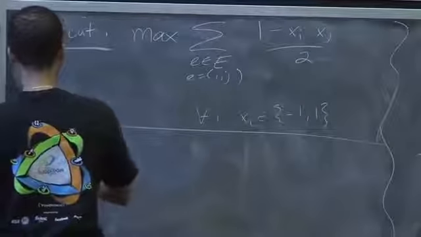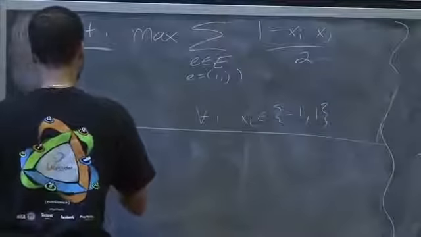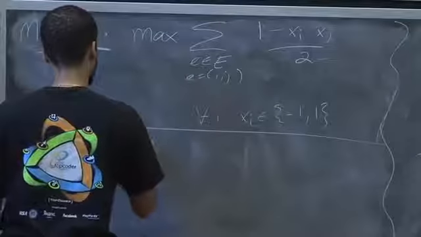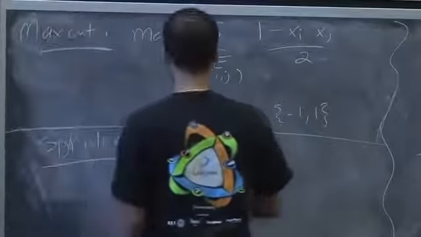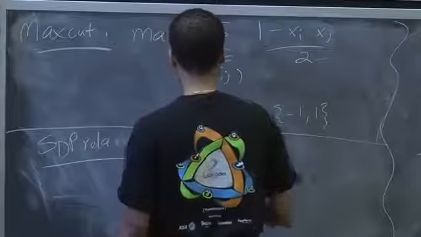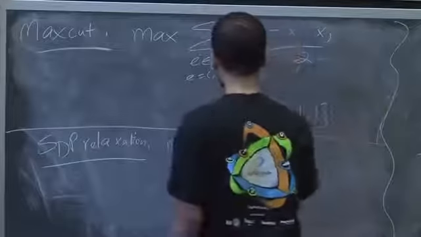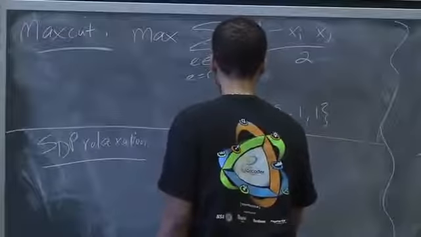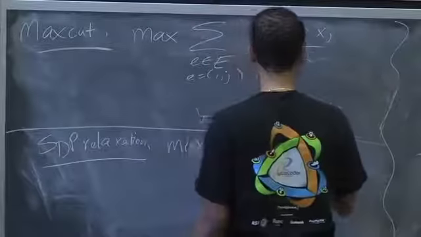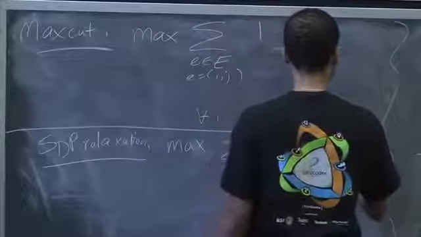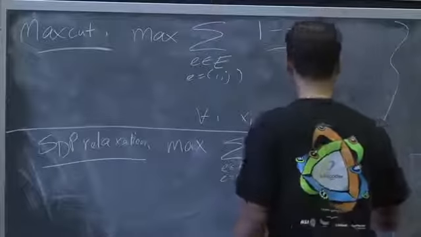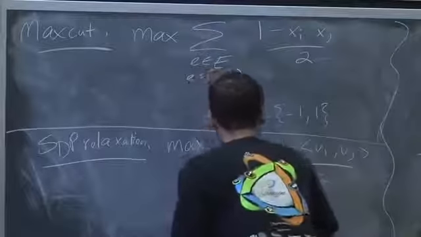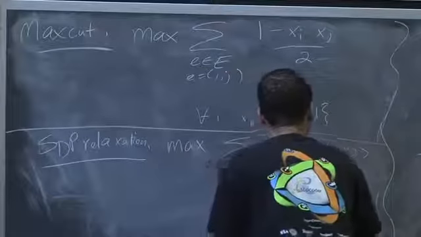So the SDP relaxation is to maximize the sum over edges ij in E of (1 minus vi dot vj) over 2, and for all i, vi dot vi is equal to 1.